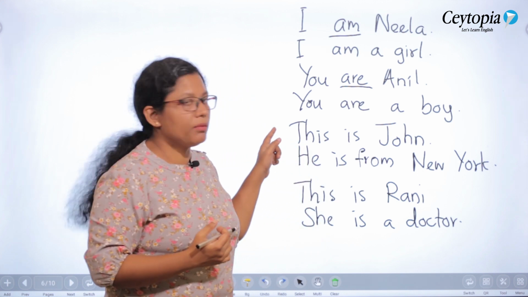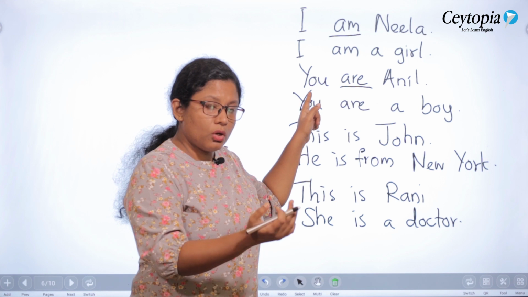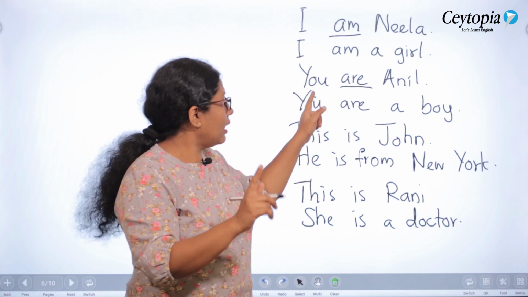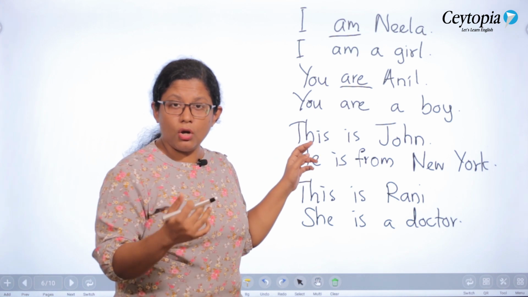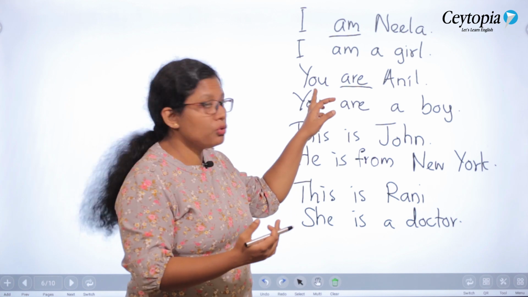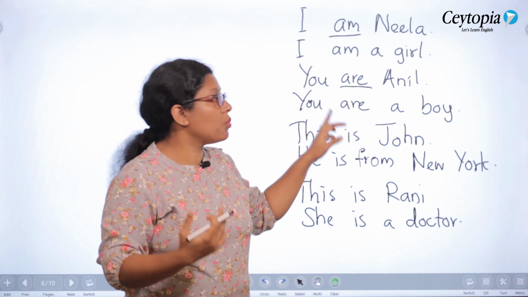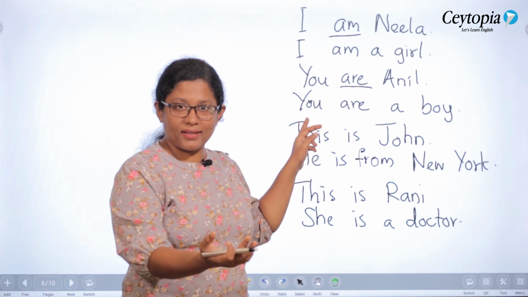There is something very important here. You, when I am talking to you, only one person, still I use are. Because whether I am referring to one or many people, if my subject is you, I must use the verb are. You are Anil. You are a boy.